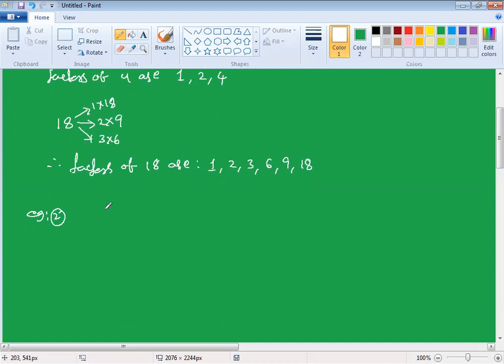What are the common factors of 4 and 15? First you have to write the factors, then we will go for common factors. So 4, how can we write 4?